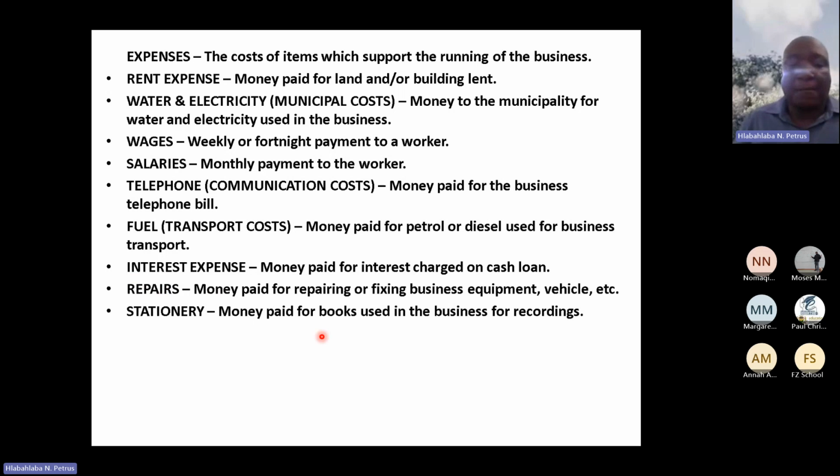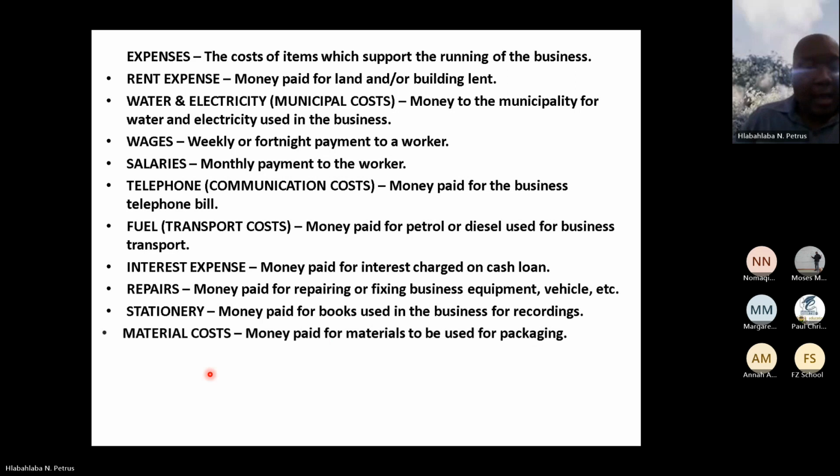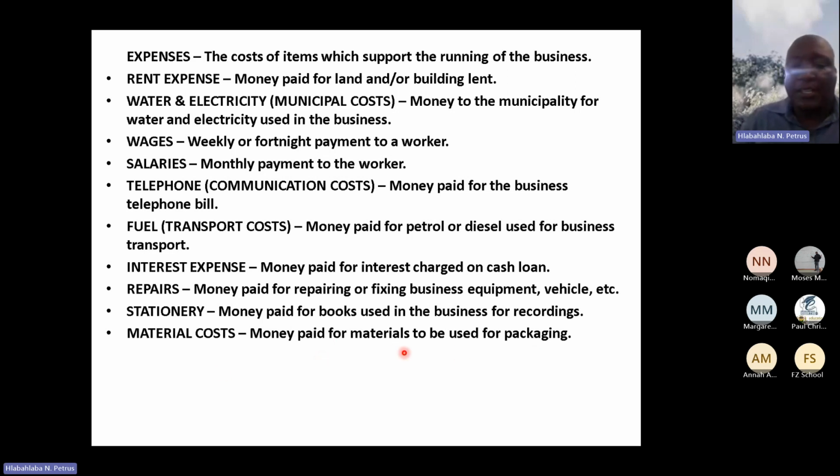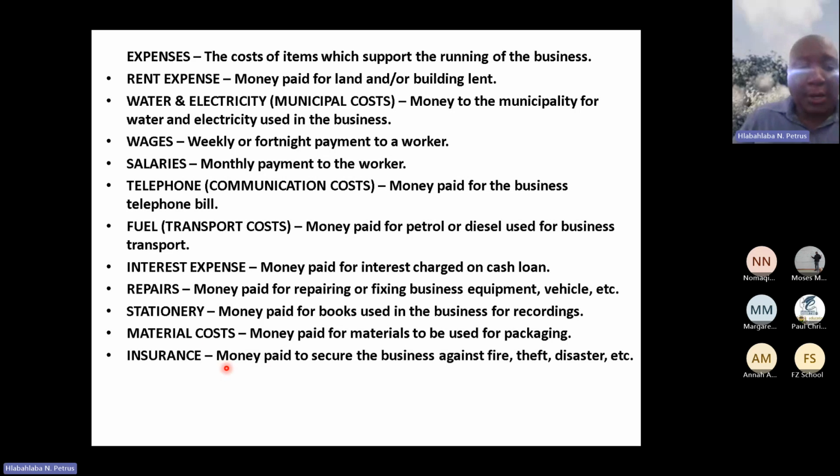Stationery, as I've mentioned, money paid for books used in the business for recording. And material costs, money paid for materials to be used for packaging. Insurance, money paid to secure the business against fire, thefts, and disaster.